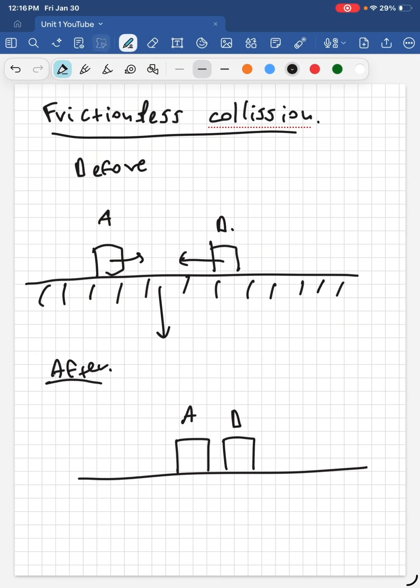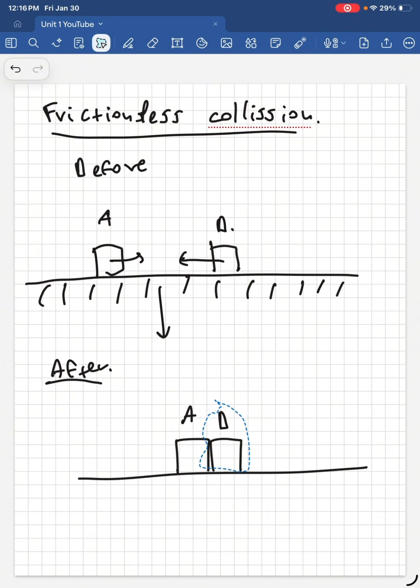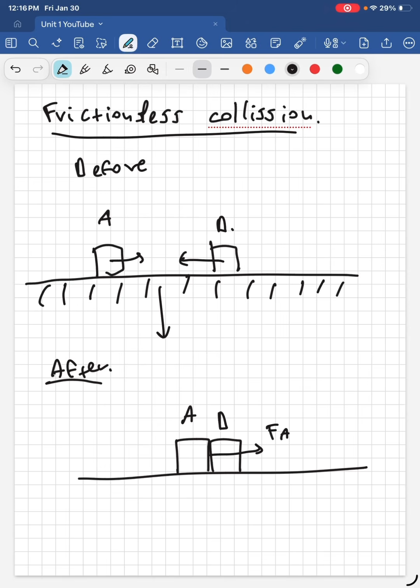I guess they have to be touching each other, so let me drag this. There, it looks good. So at the moment of collision, A exerts a force to the right, and B exerts a force to the left. So FA is equal to FB.